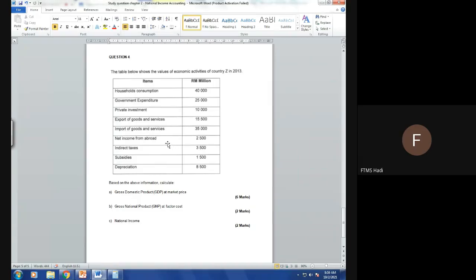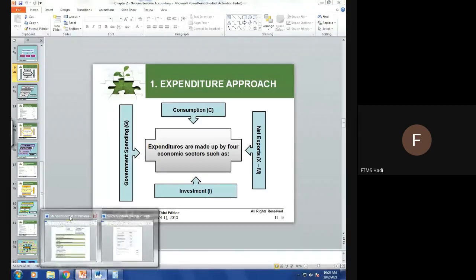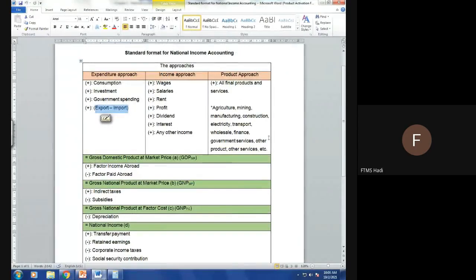Okay. Before that, I just want to let you know that later on, I will share with you in Google Classroom an example of a full set using this one. That means product approach, and then income approach. Probably I will prepare two sets of questions and answers together so you can understand how to calculate product approach and income approach.